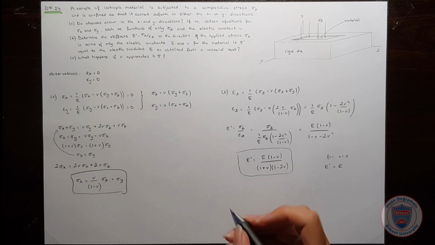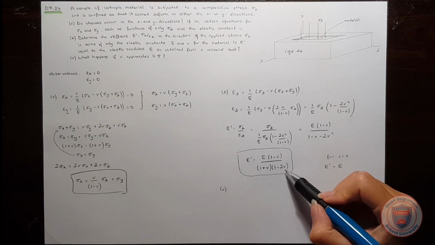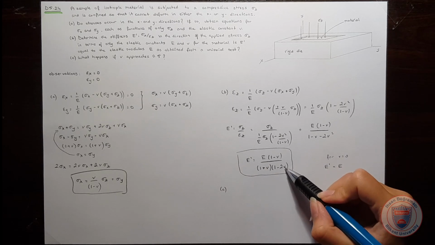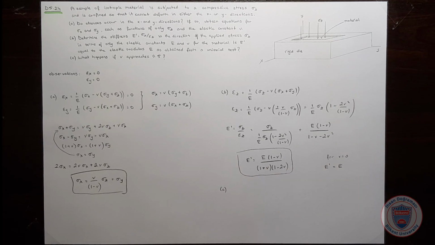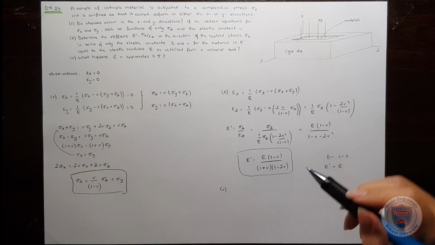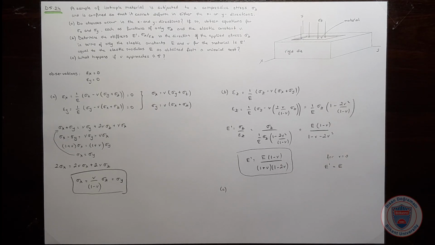Let's move on to part C. What happens if Poisson's ratio approaches 0.5? We can see that in the equation for E prime, we have 1 minus 2 times Poisson's ratio. And when Poisson's ratio approaches 0.5, this term here approaches 0, which makes E prime approach infinity.